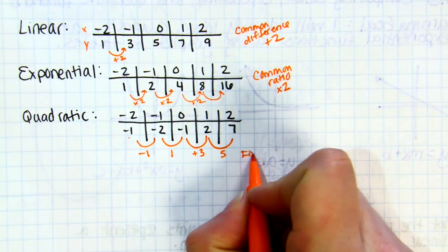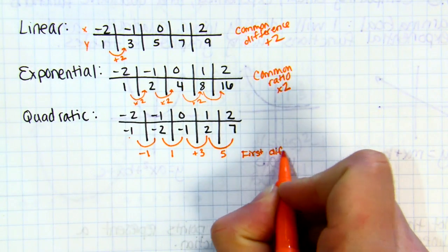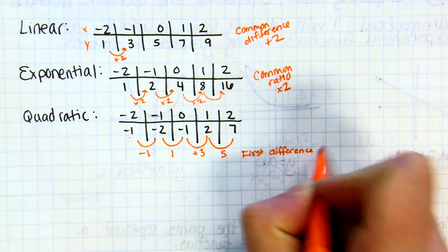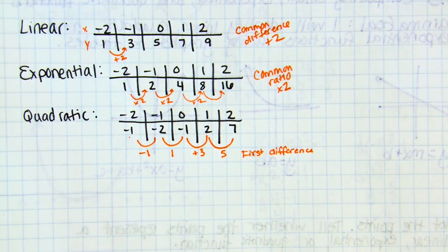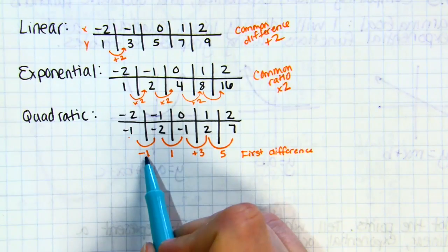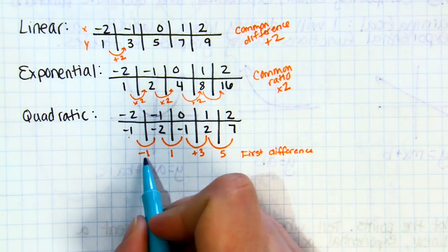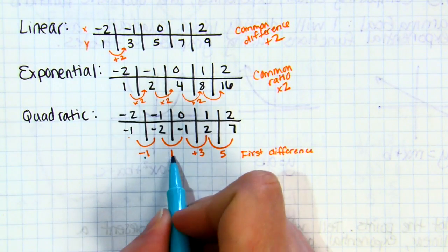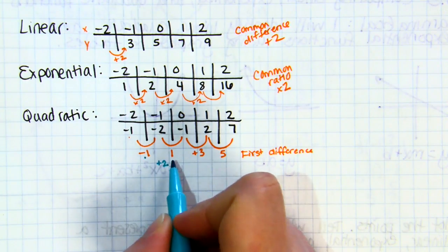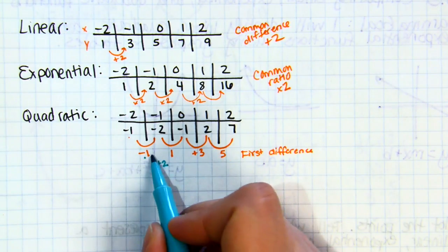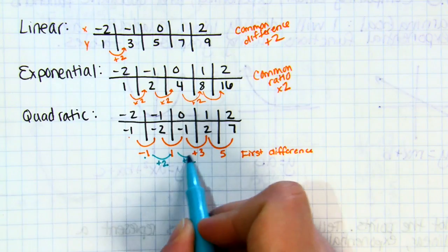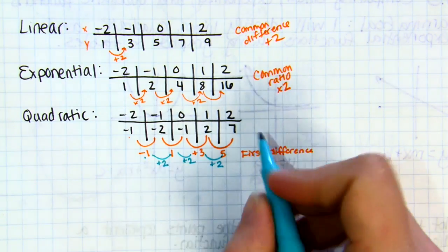So this we call the first difference. It's the first time I'm finding the difference. What I can do is I can then look at the second difference, or the difference of the difference. To go from -1 to 1, that's adding 2. To go from 1 to 3, I'm adding 2. To go from 3 to 5, I'm adding 2.